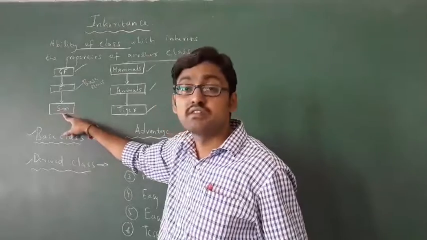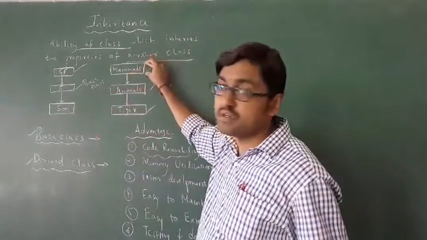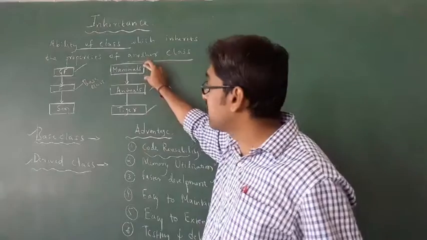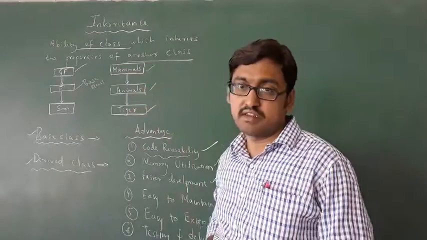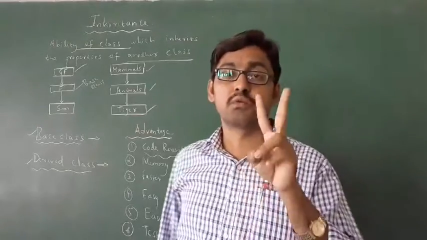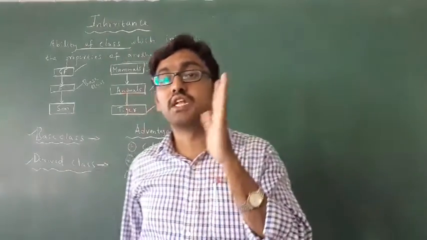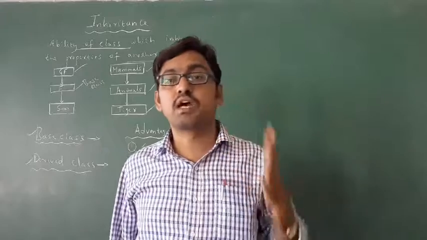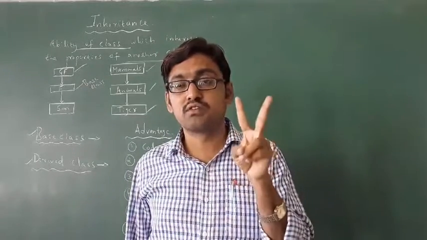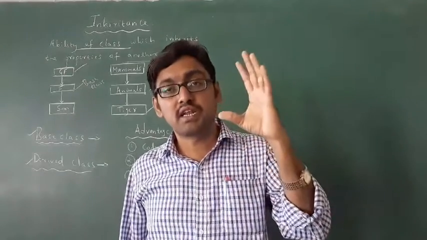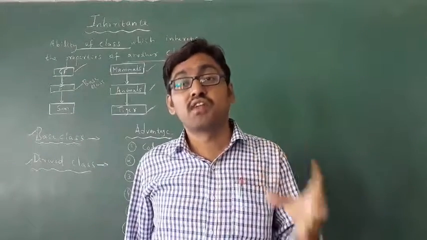Just like the properties of mammals and animals all go to the tiger, in inheritance programs you must and should use two classes: one for the base class and the second for the derived class. Why?